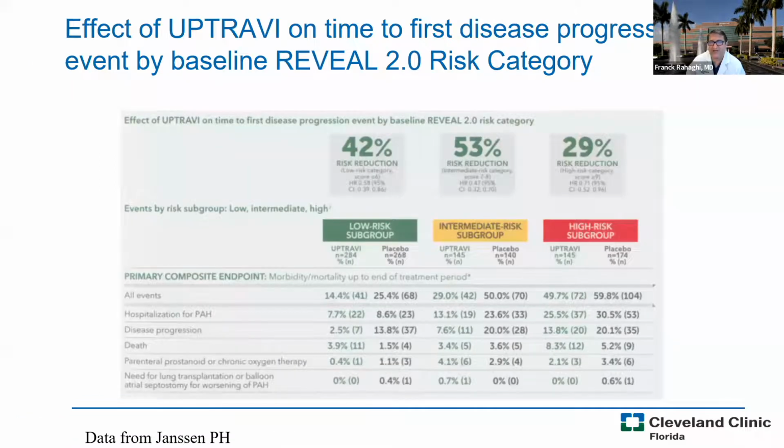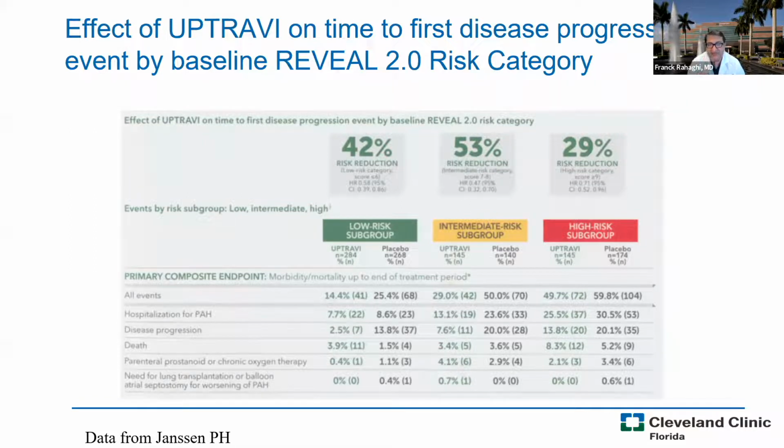Now, that's all good, but does that mean that if the patient's low risk, you're supposed to be okay with that? So it turns out that, for instance, Uptravi or selexipag, they looked at their low-risk patients, and the low-risk patients who basically had good numbers, they too were actually having a 42% reduction in bad outcomes that included morbidity and mortality.